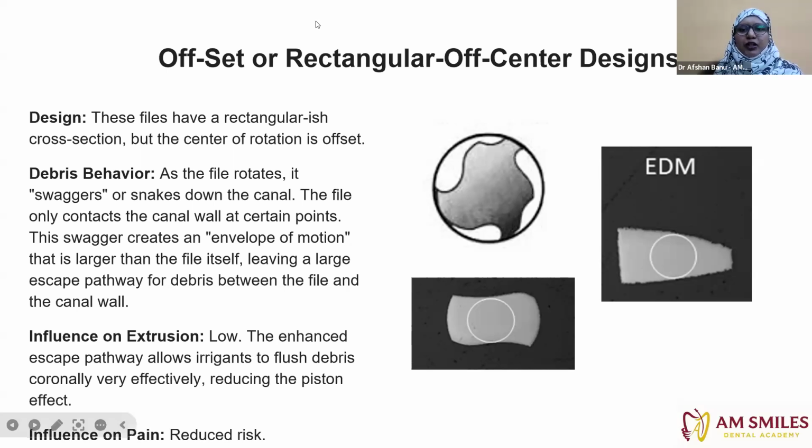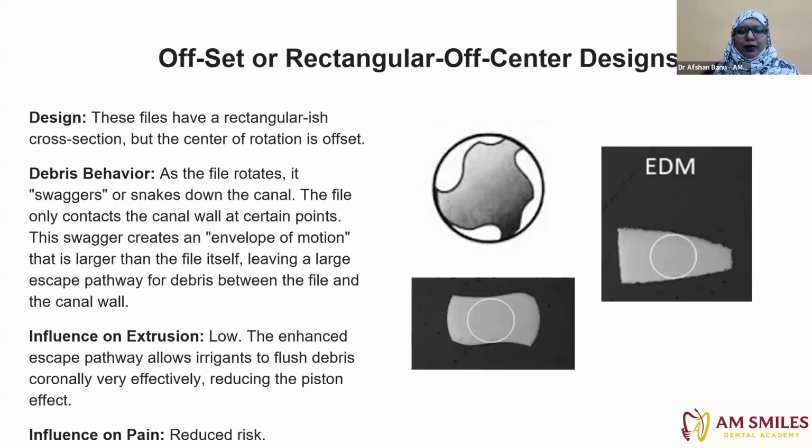Because of which, the space is going to be utilized for debris removal. So this is going to remove more debris, because it is going to move like a snake. Literally it will not prepare the canal much. It will just move through the canal.